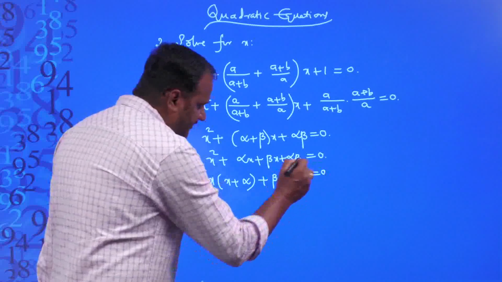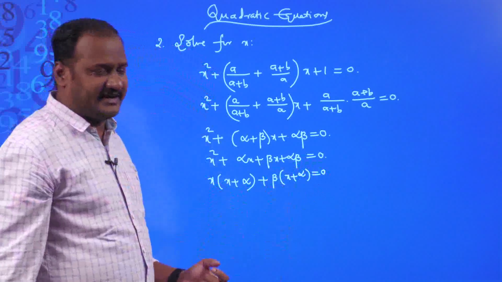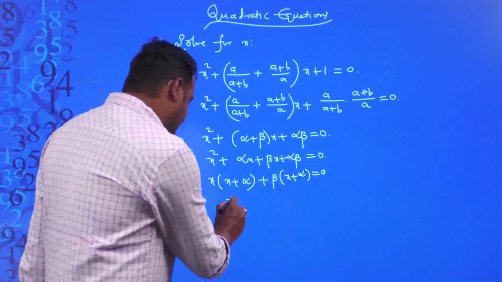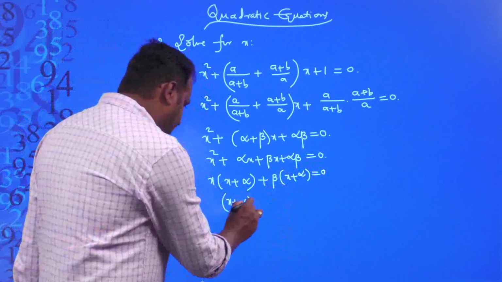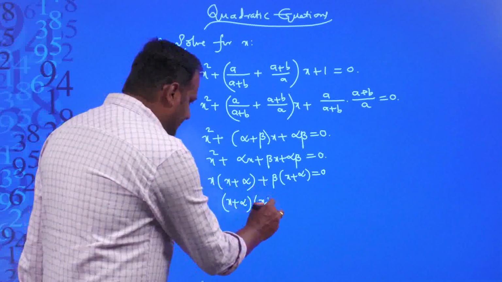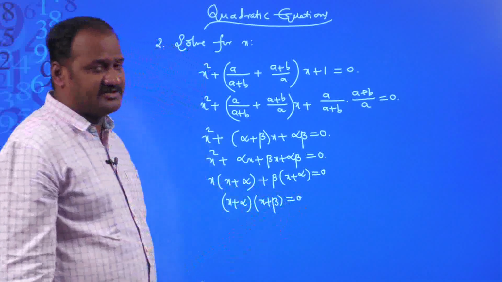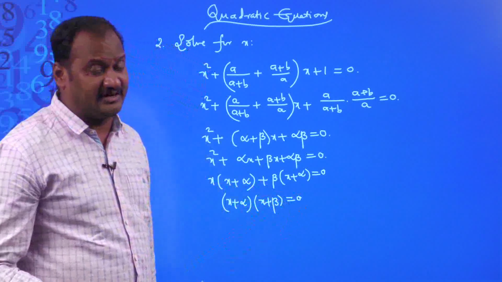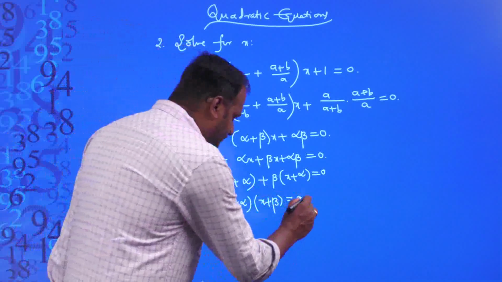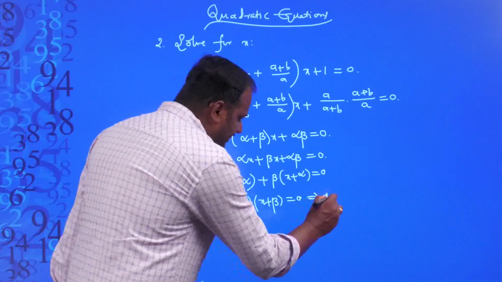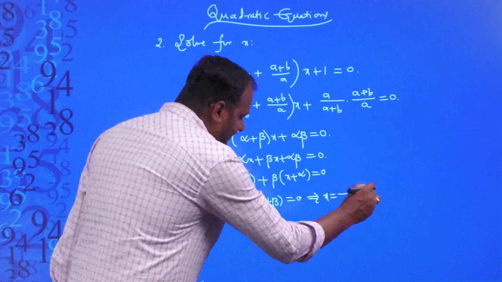So, totally x plus alpha is a factor, right. So, x plus alpha is the common factor into x plus beta is equal to 0. So, x plus alpha into x plus beta equal to 0, then easily we can say what the values of x are. Therefore, the values of x are minus alpha comma minus beta.